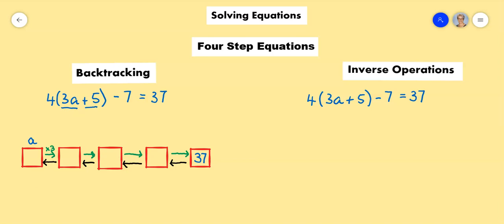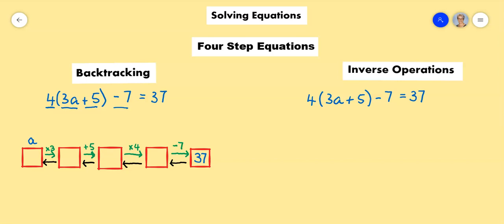So on our flowchart, plus 5. The next thing that we do is we multiply by 4. So on our flowchart, times 4. And the last thing that we do is we then minus 7. So on our flowchart, minus 7.